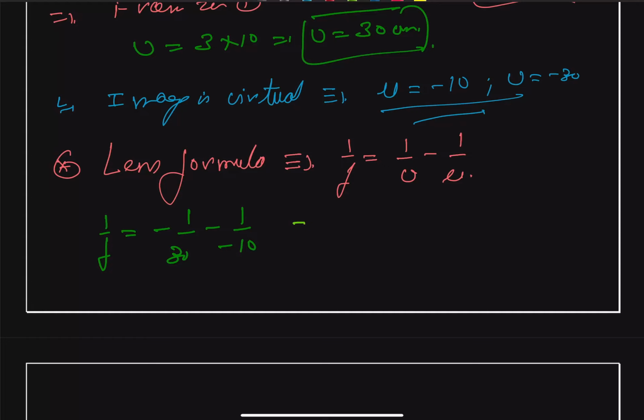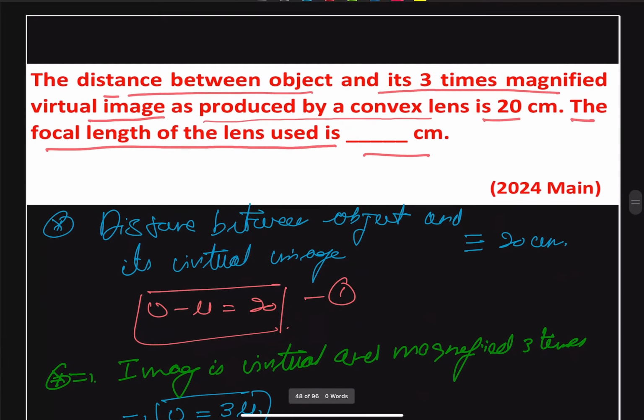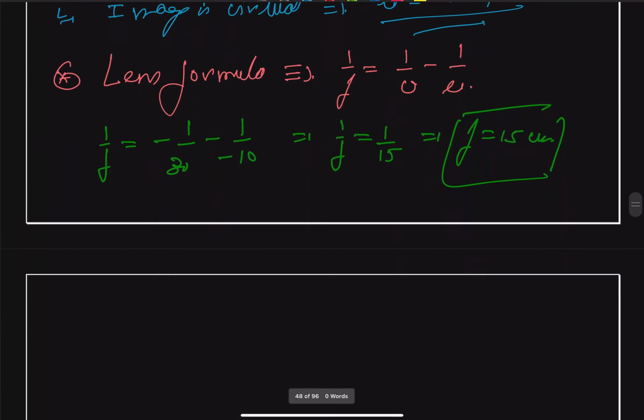So we get 1 upon F is equal to 1 upon 15. This gives us the focal length of 15 centimeters. So the answer is 15 centimeter.